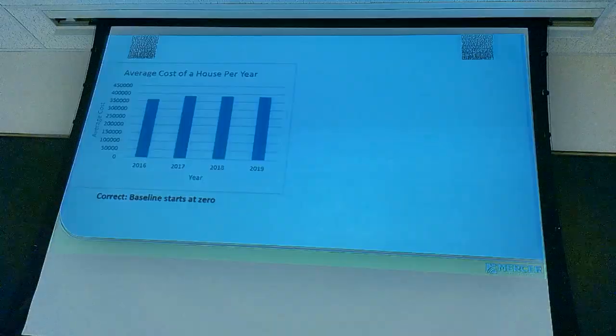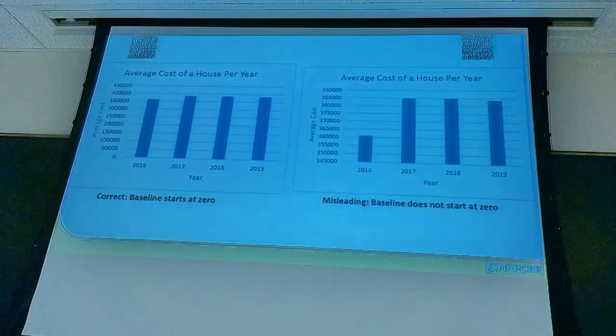Versus the exact same data. Baseline is now not 0. Baseline here is 345,000. And then we change the scaling. Now it looks like it's a much more dramatic increase.